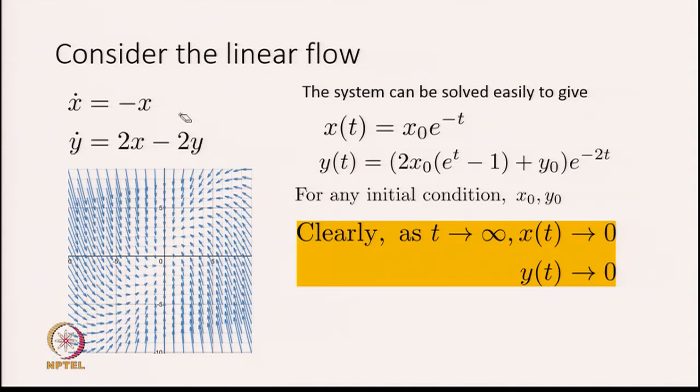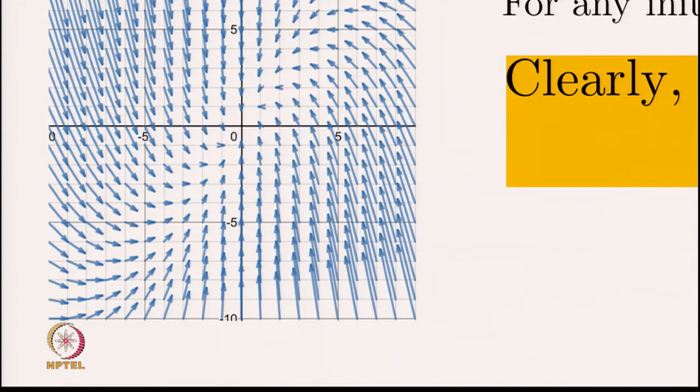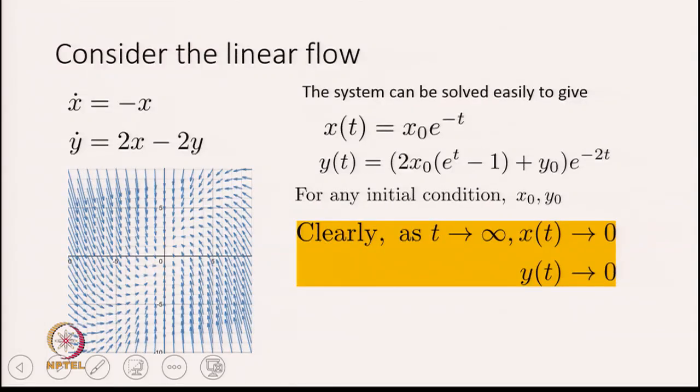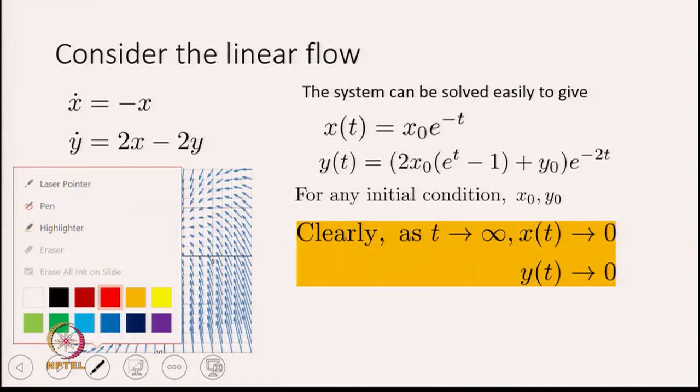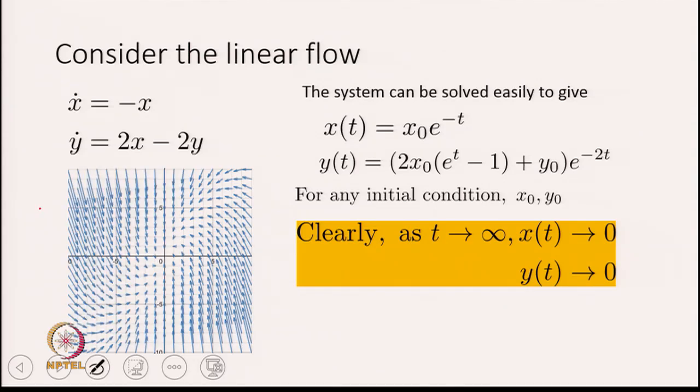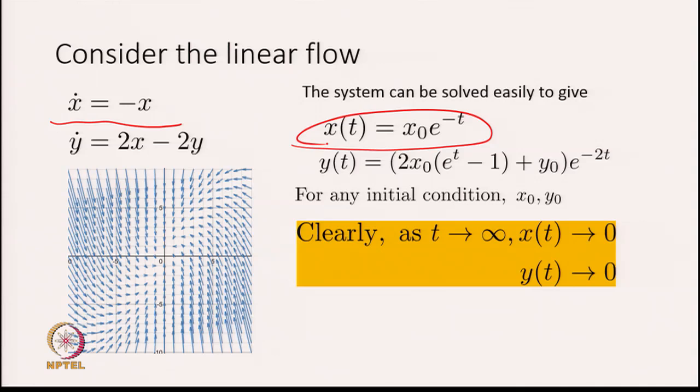The first one, x dot is minus x, is easily solved to give us an exponentially decaying solution for x. Putting that into y and solving gives us another rather simple solution for y.